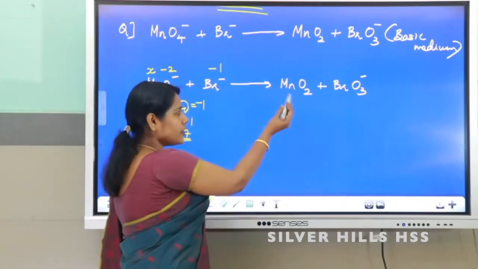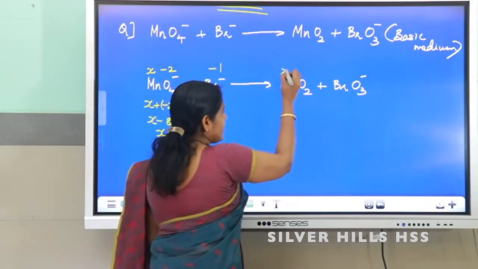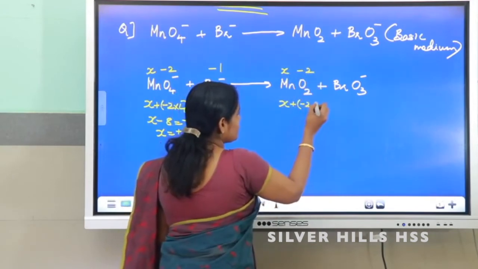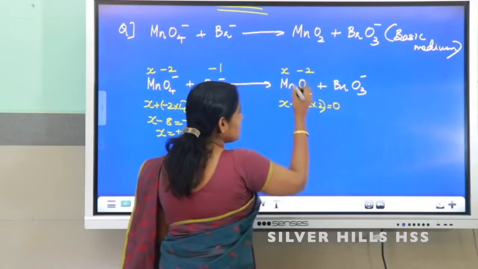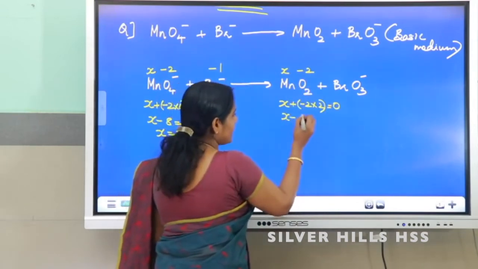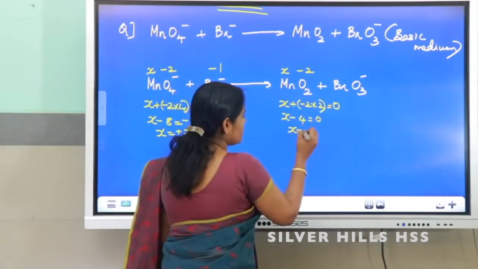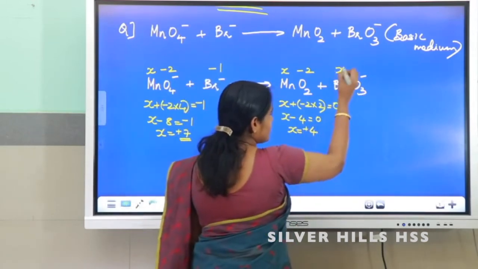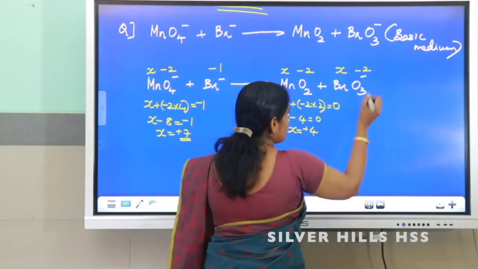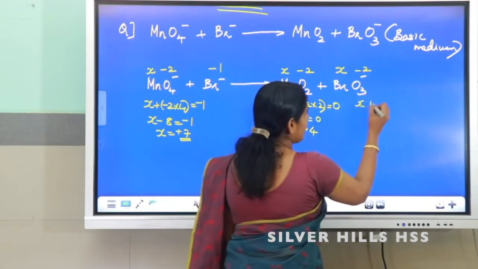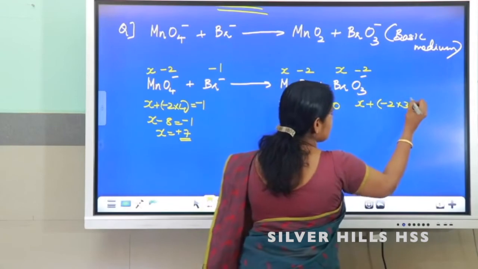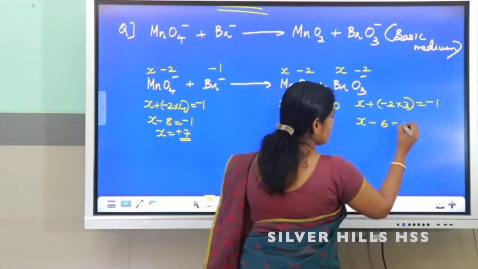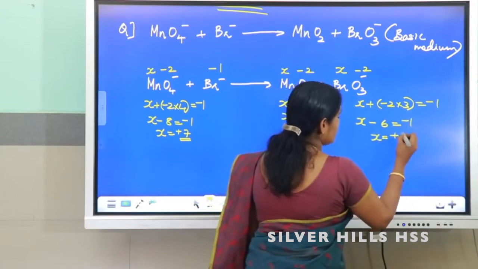Then in MnO2, we do not know the oxidation state of manganese, let us take it as X, oxygen is -2, so X plus (-2) into 2 is equal to 0 since it is neutral. So X - 4 is equal to 0 and X is equal to +4. Then BrO3-, we do not know the oxidation state of bromine and oxygen is -2, X plus (-2) into 3 is equal to -1. X - 6 is equal to -1. So X is equal to +5.